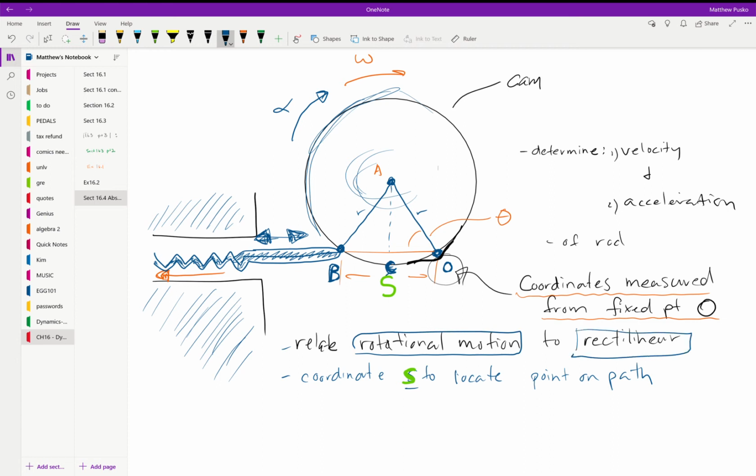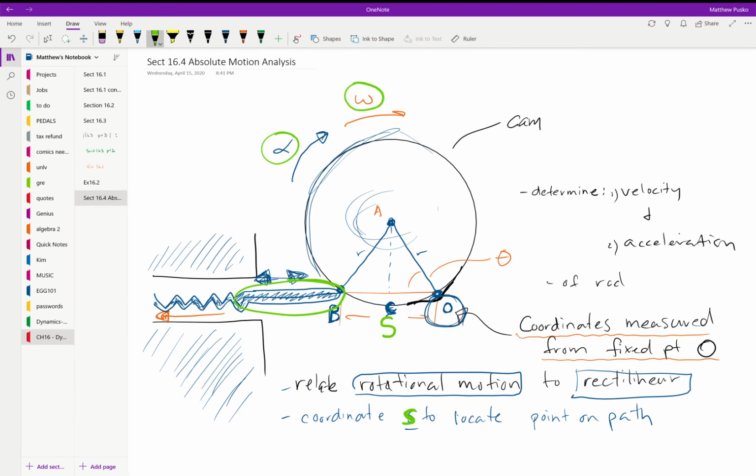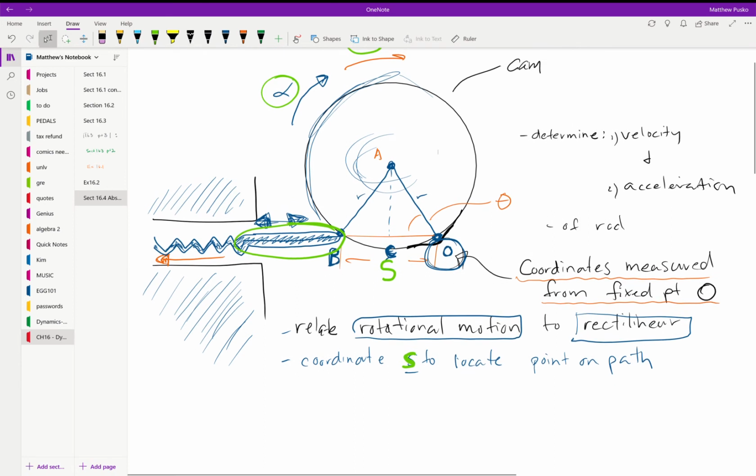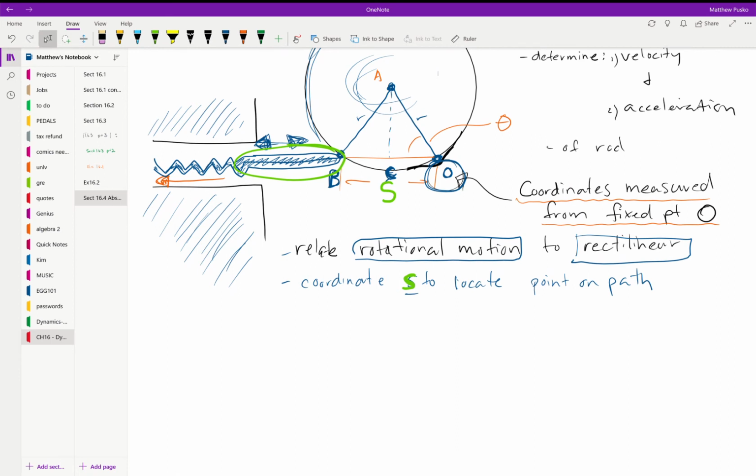And we're going to do that with a fixed point O. I'm going to use this point. And with this, we're going to find the velocity and the acceleration of the rod itself. So if we know alpha and we know omega for this cam, how fast it is rotating and the rate of change of its rotation, we can figure out how fast this rod is moving left and right horizontally in this case.